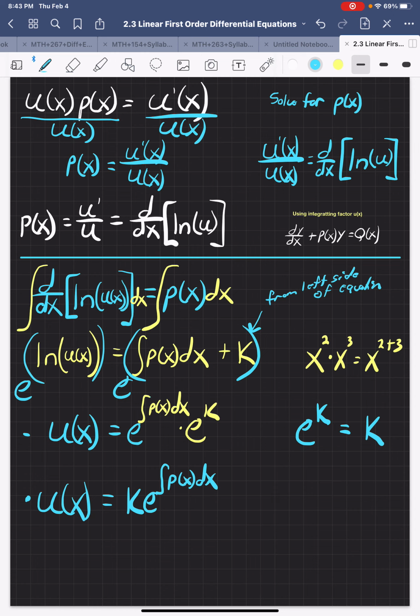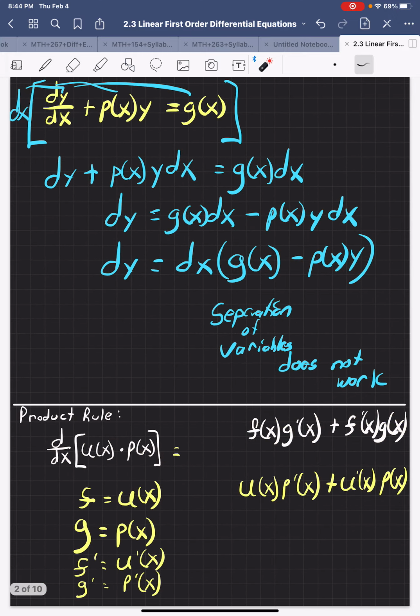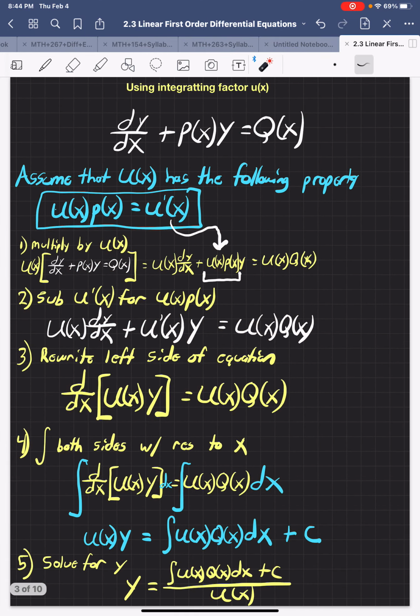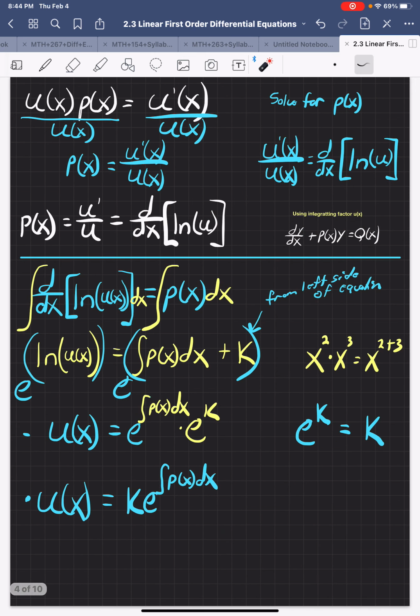I'm going to go ahead and stop here. You could try plugging this back in, right? If you really wanted to, you could grab this, go back to where we have u of x here, and plug that in. In fact, you should. It would be interesting to see what happens, but that's not what I need you to be able to do right now.